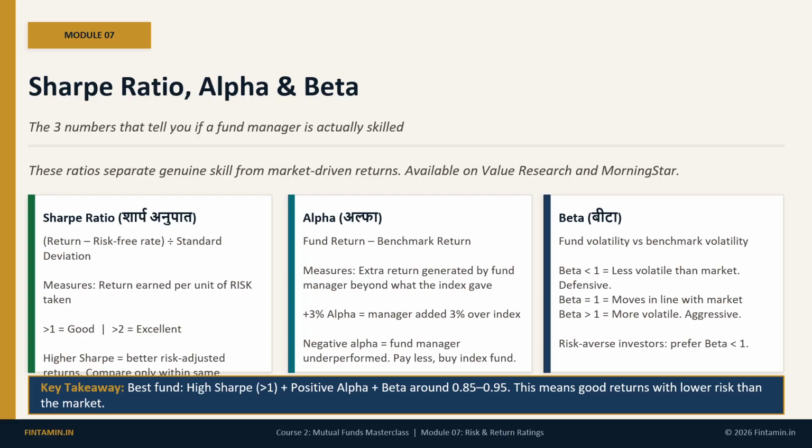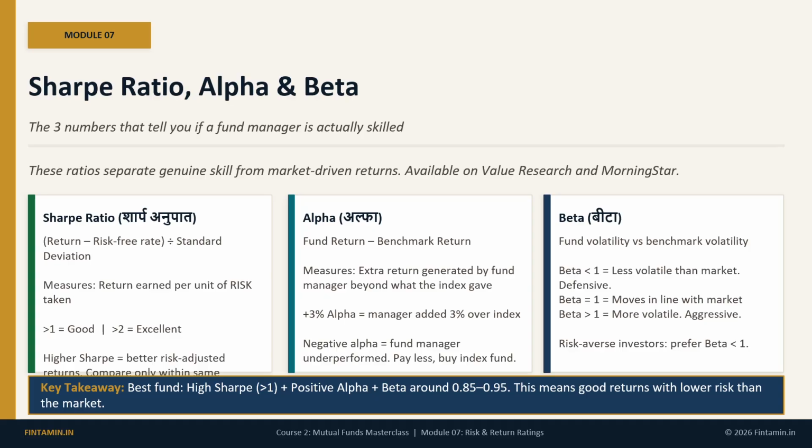Beta. How volatile the fund is compared to the market. Beta of 1 means the fund moves exactly with the market. Beta above 1 means more volatile, with large swings in both directions. Beta below 1 means less volatile, more defensive.